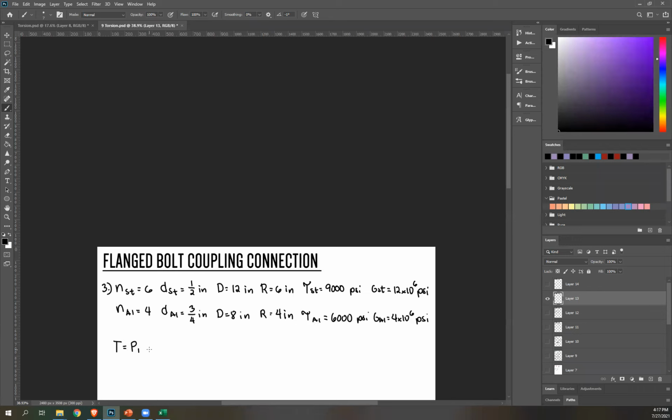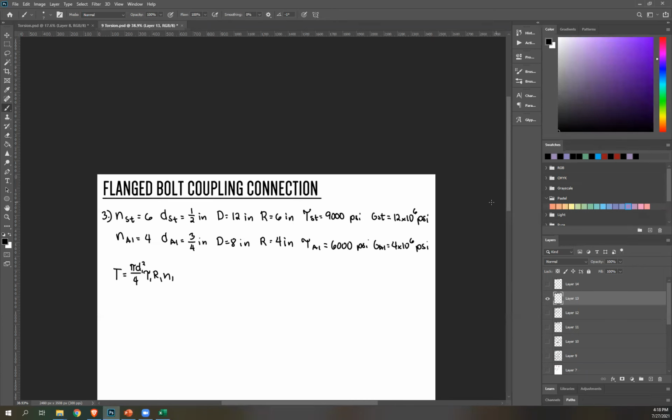P1, R1, and N1. However, as you can see, there's no P. So instead of P, it's shear stress times area, or pi d squared over 4, times shear stress times R. So that's area 1, shear stress 1, R1, and N1. Okay, let's make this larger.